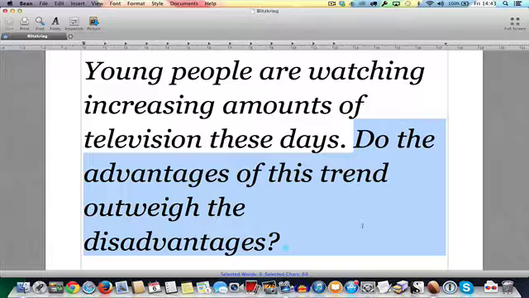So in the event the candidate, for example, felt there were more advantages than disadvantages, their argument essay would devote at least one supporting paragraph to illustrate these advantages. So firstly, if we were to do this as an argument essay, of course you would have some sort of thesis in the introduction paragraph, and that thesis would say something like, it is argued that the advantages of this trend outweigh the disadvantages.